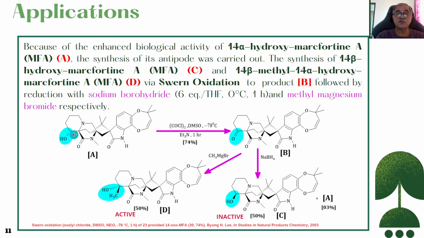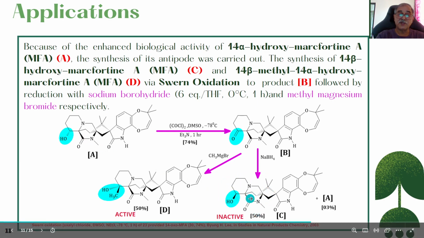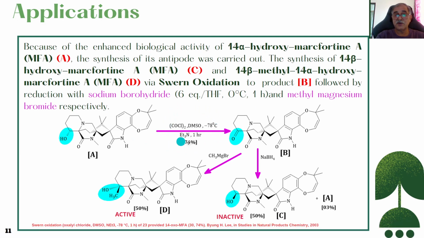It was tried to synthesize the beta derivative of the same compound, that is, conversion of A into C. So basically what was done in the first step, the Swern oxidation of this 14 alpha hydroxy compound led to the synthesis of B, the corresponding ketone, and this ketone was biologically inactive. This is formed in 74% amount.